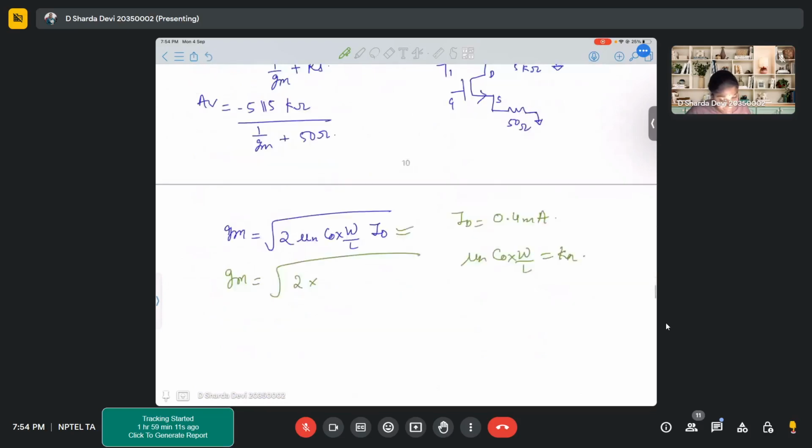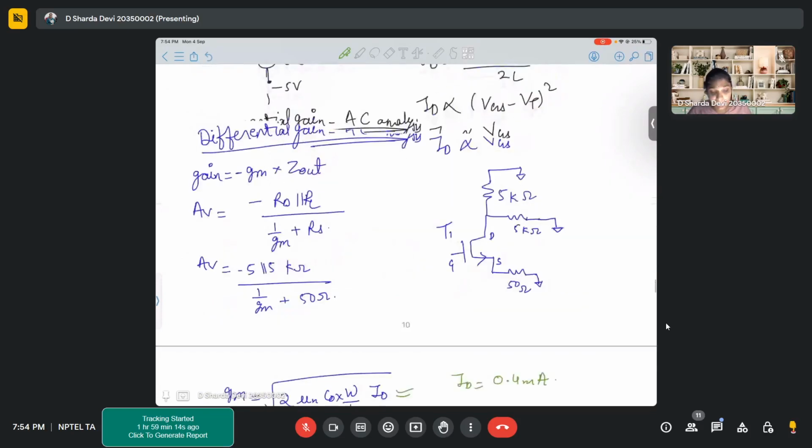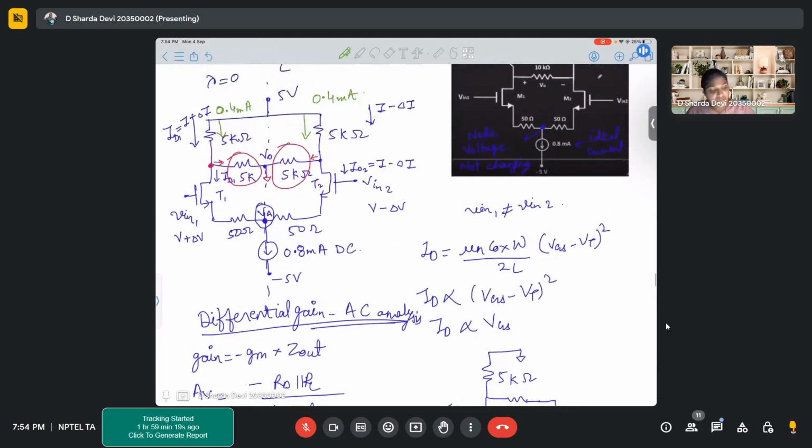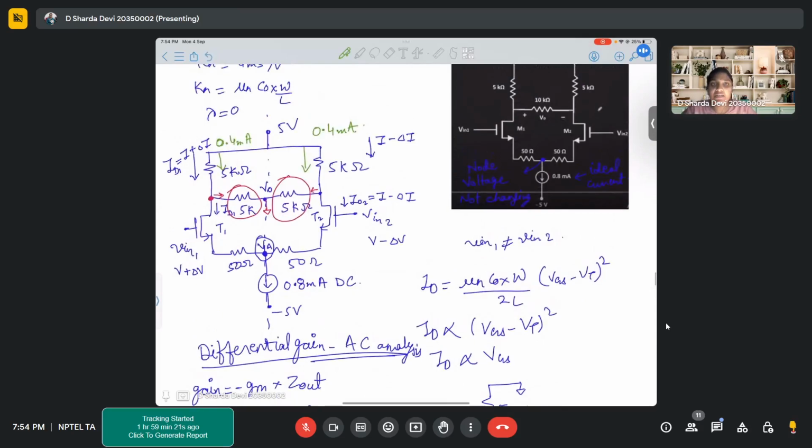Ma'am, are we considering the half circuit till the VA point only? After VA, there is a current source, right? But at VA, I already said that the node voltage is not changing. When we are doing AC analysis, what is important to us is all the AC nodes. Beyond that, since there is no AC node, I've already grounded it, so there is no purpose beyond that point. That is the reason.